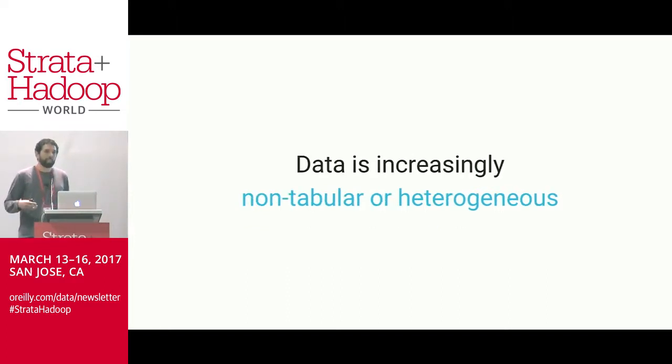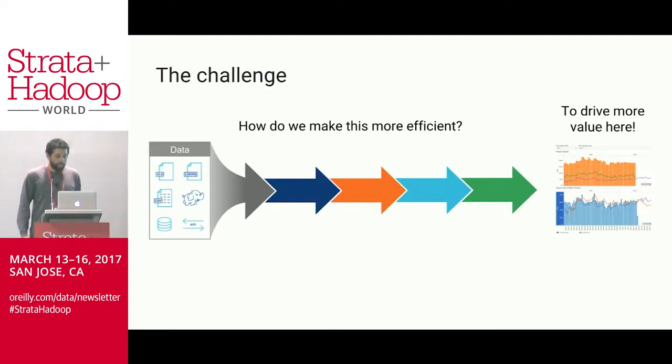Unfortunately, data is increasingly non-tabular, or if it is tabular, it still contains this multi-structured, heterogeneous formatted data. This is the problem we're looking to help solve. The goal is, how do we make this process more efficient, helping you go from this heterogeneous, diverse set of data into something that is easy to use in your analysis, visualization and reporting tools.